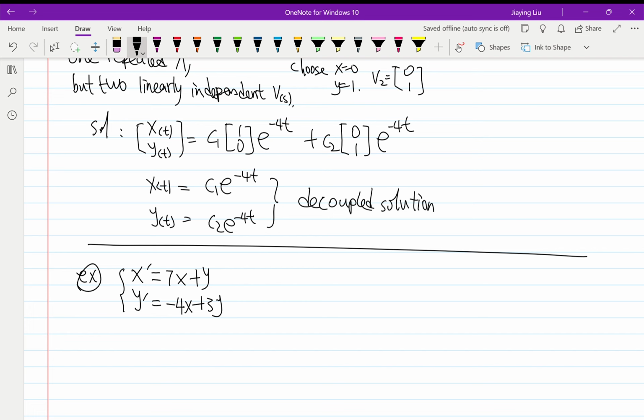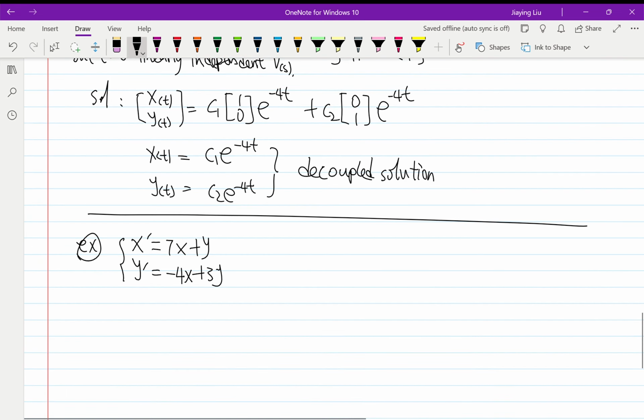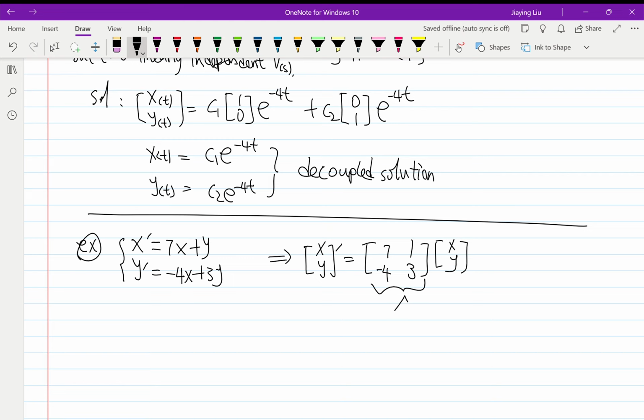We're going to solve this just like we normally do by converting it into a matrix equation. So that's (x, y) prime equals the matrix 7, 1, negative 4, 3 times (x, y), and we're only going to focus on this A matrix here.